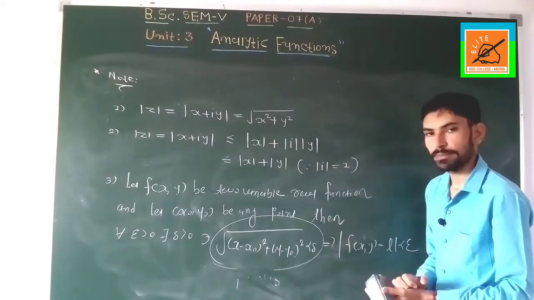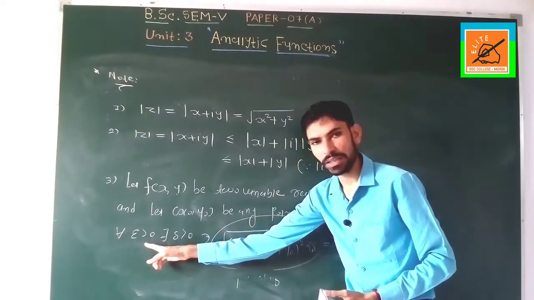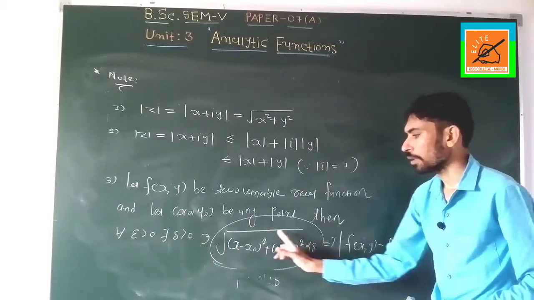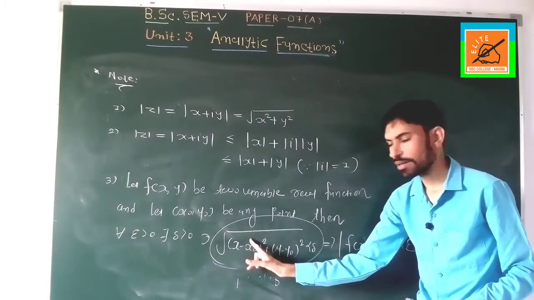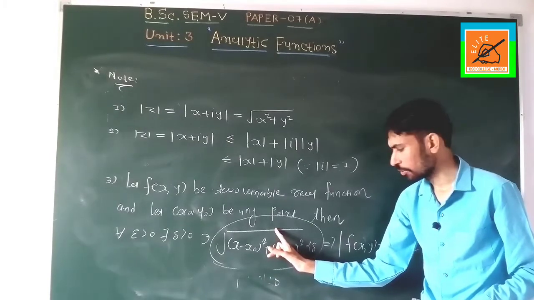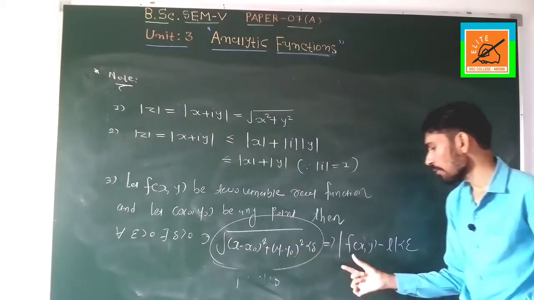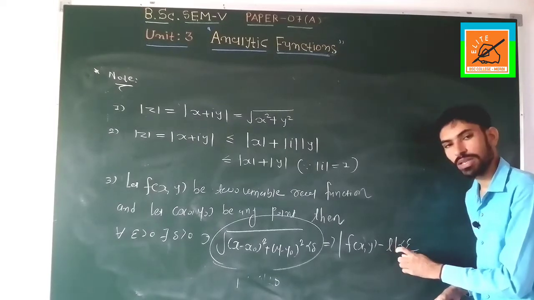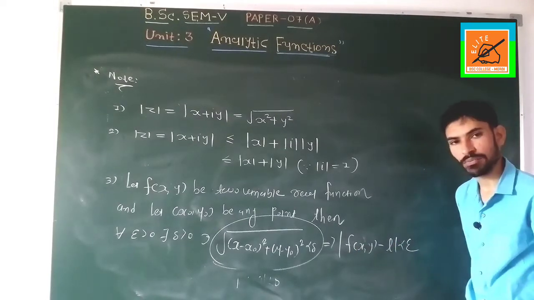So keep in your mind, for every epsilon greater than 0 there exists delta greater than 0 such that under root (x minus x0) whole square plus (y minus y0) square less than delta implies |f(x,y) minus L| less than epsilon, then L is called the limit of the function f of xy.